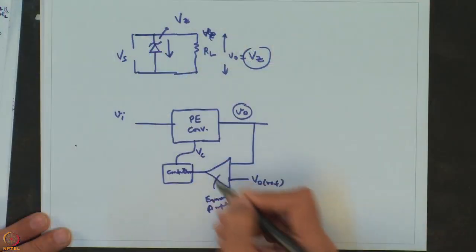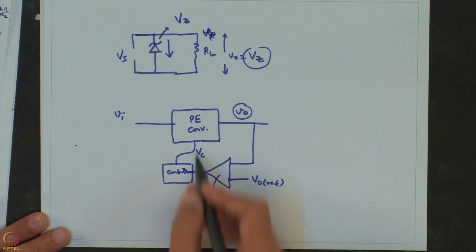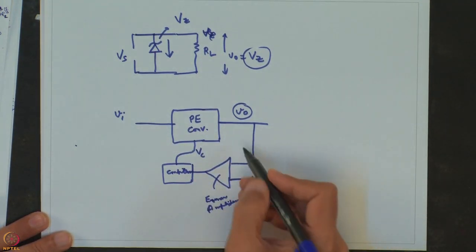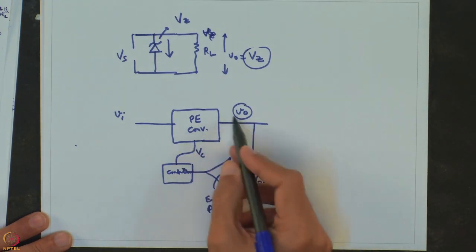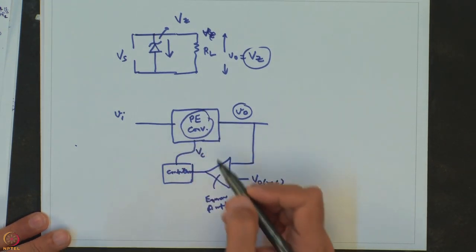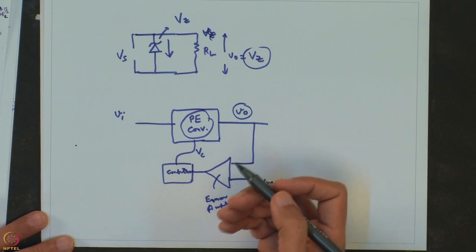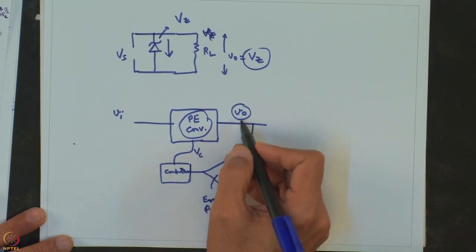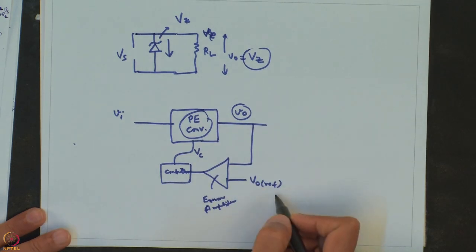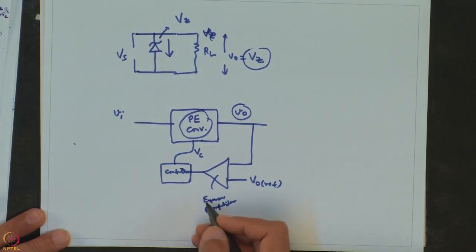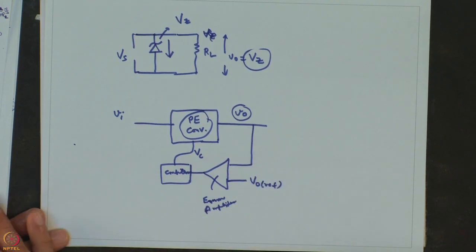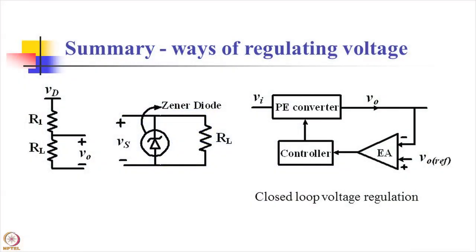So, let me just mark this as Vc, okay, and that is in response to this closed loop feedback system, my PE converter will then operate in a direction so as to move VO closer to VO reference, and within a certain time period, within a certain duration, VO will actually become equal to VO reference.